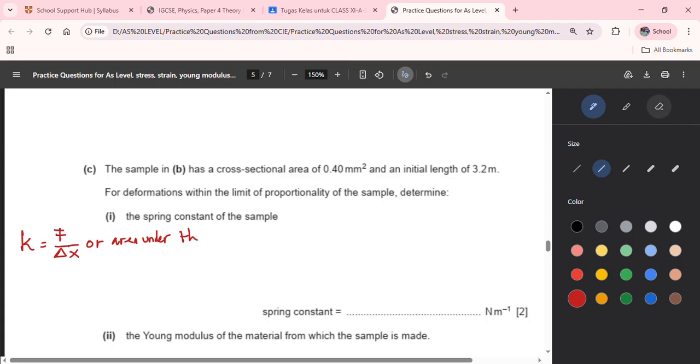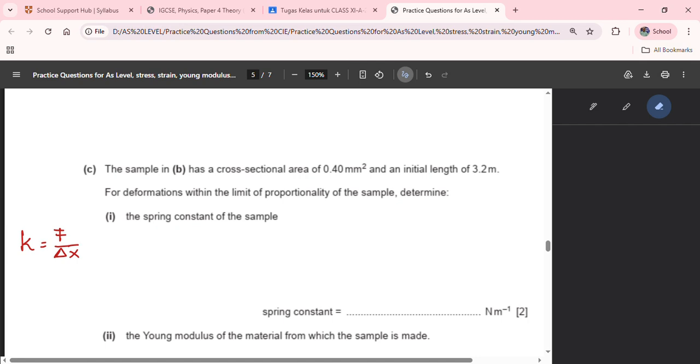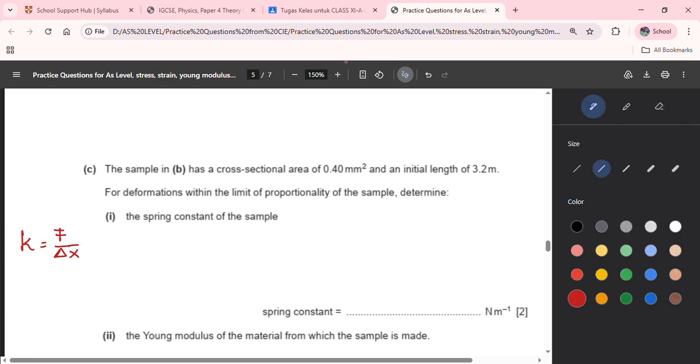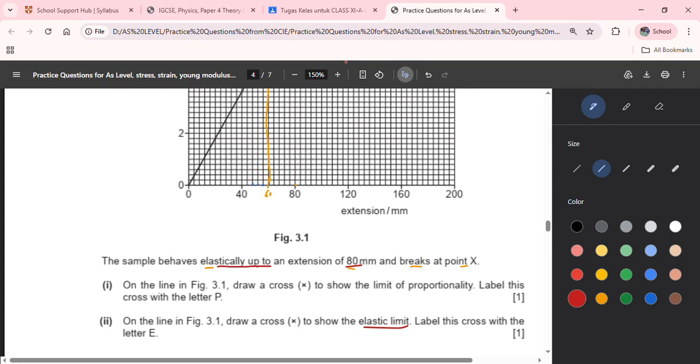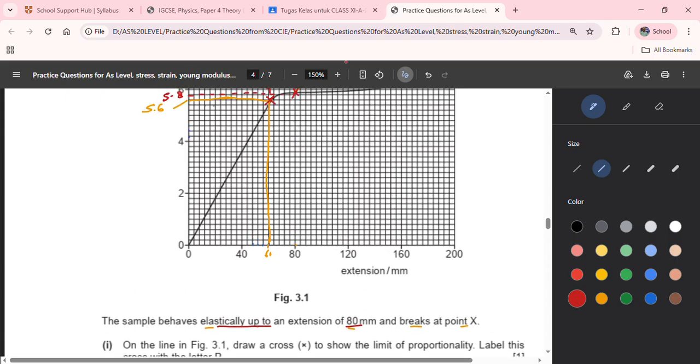Oh sorry, not the area under the graph, but if we divide F by delta x, we just find the gradient. So what is the gradient? The gradient is force divided by delta x.